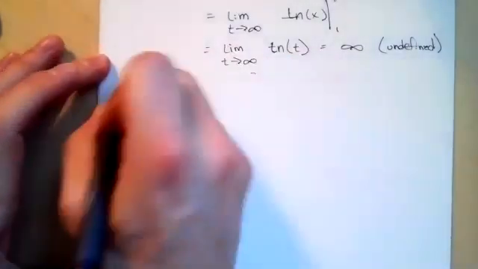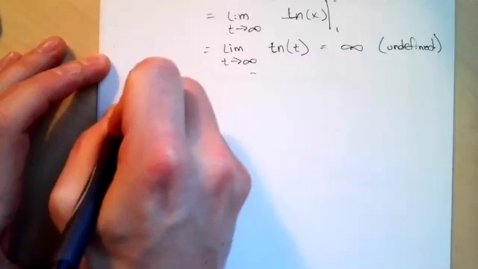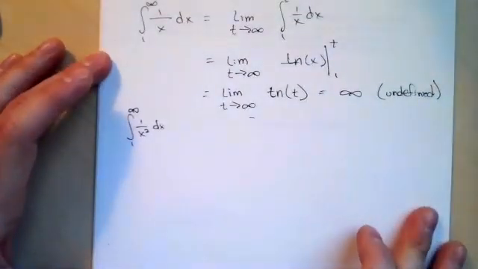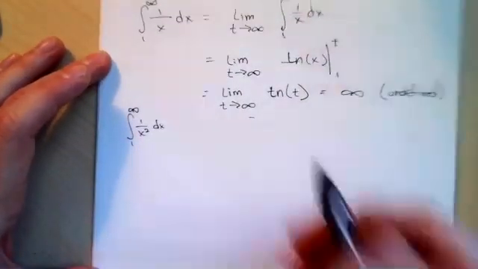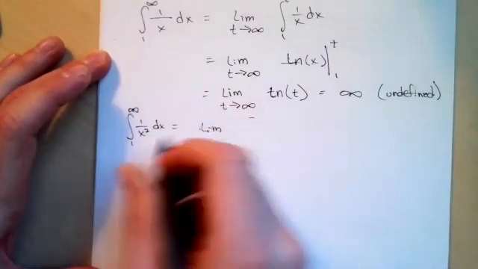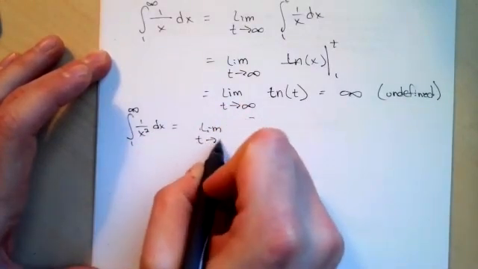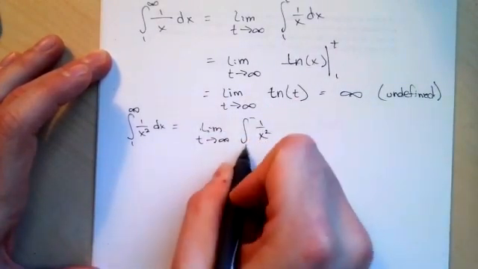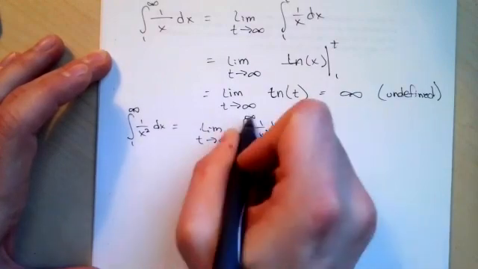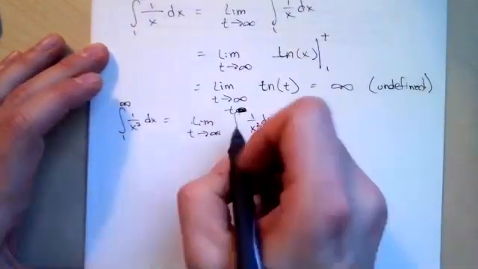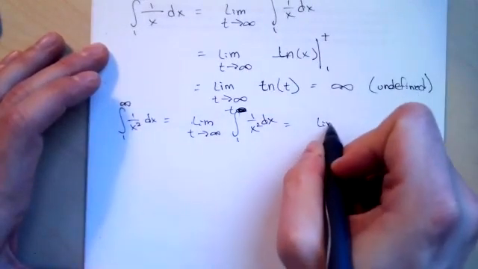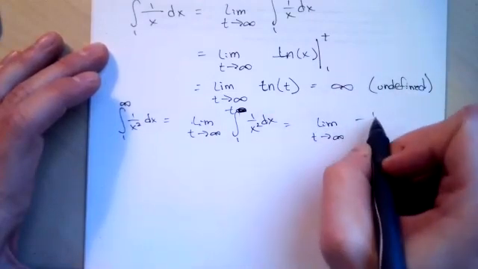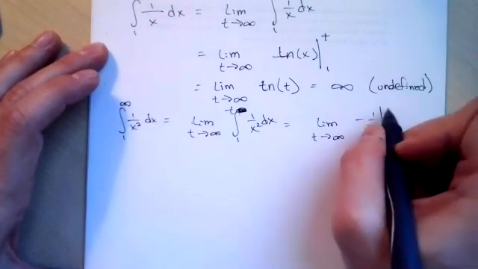Okay, let's take a look at 1 over x squared. We do the integral again, and I put infinity there. We're going to put our dummy variable t. We do the integral. 1 over x squared is going to be minus 1 over x integrated.